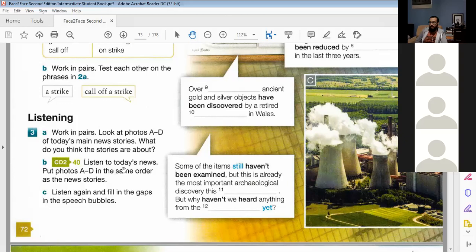One of the UK's leading archaeologists, Professor Geoffrey Baxter, says that the government needs to act fast to make sure the treasure stays in public hands. Some of the items still haven't been examined, but this is already the most important archaeological discovery this century. But why haven't we heard anything from the government yet? It's important that these pieces are kept for the nation and eventually put on display in the British Museum. If the government doesn't act soon, some of them might end up in private collections.